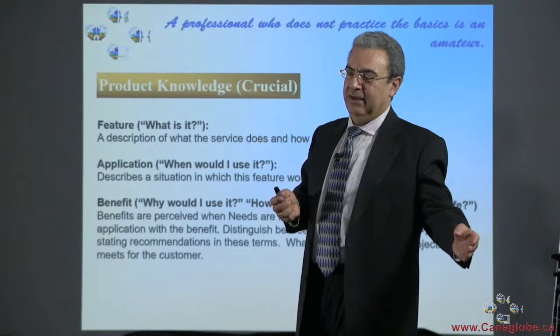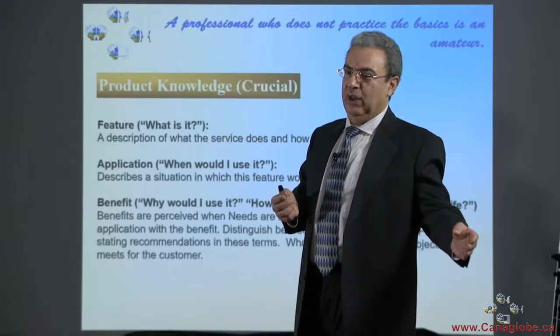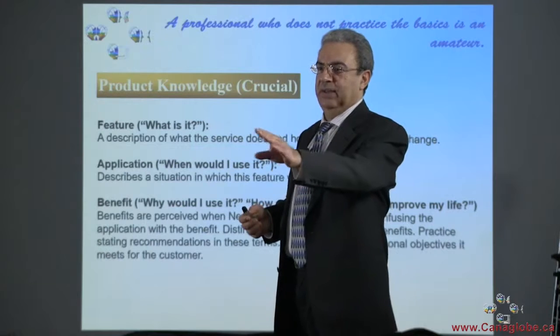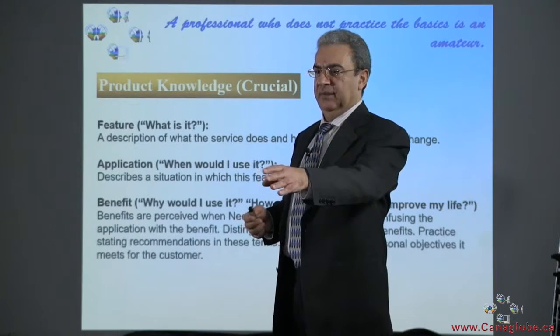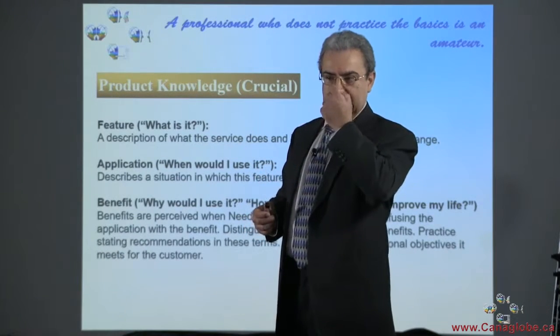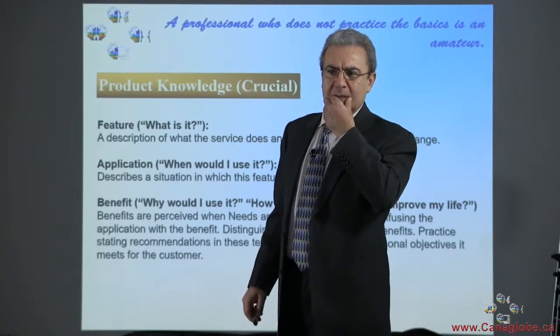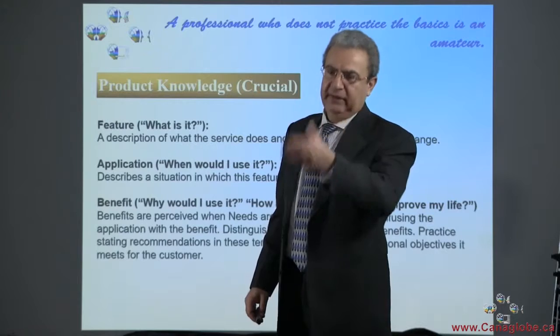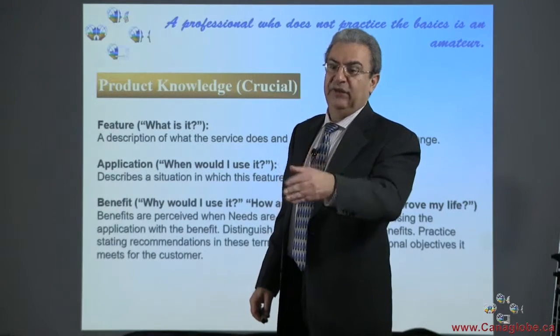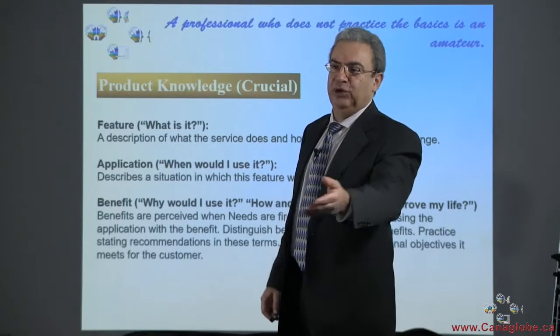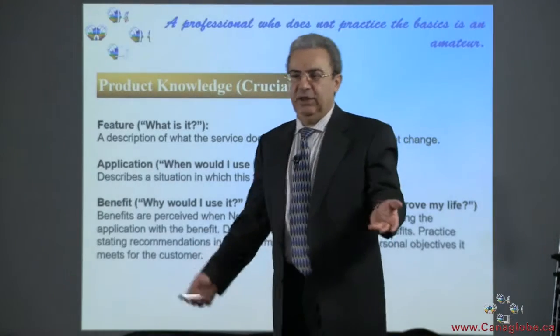The benefit is how it impacts a person's life, a good impact. Then it affects what problem they have. And the third one is which part of the organization has what problem.